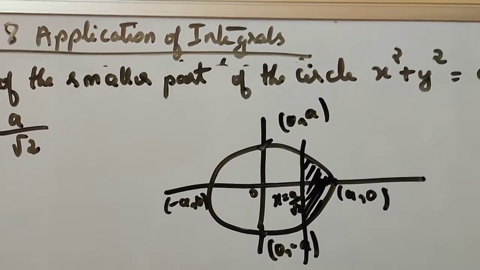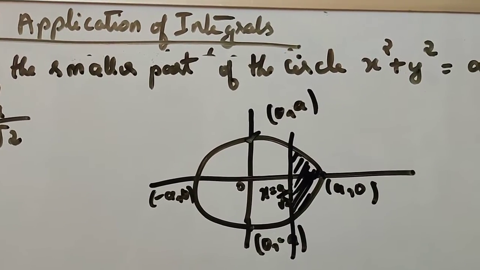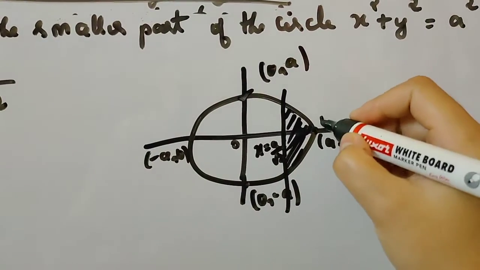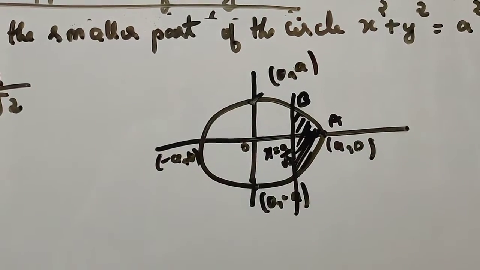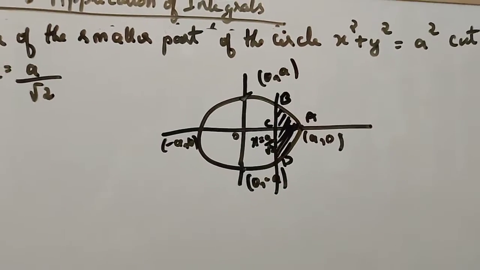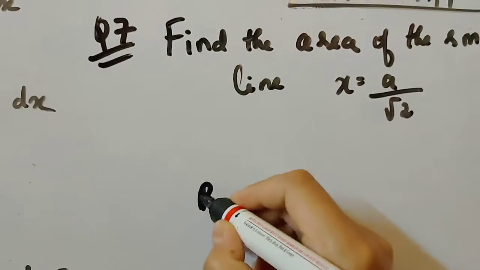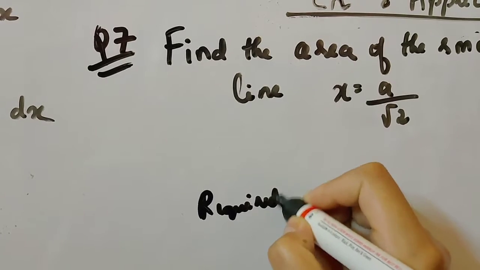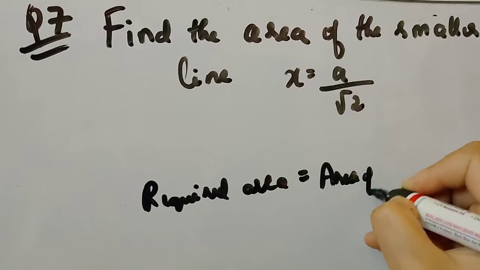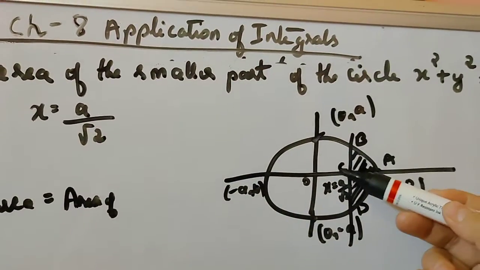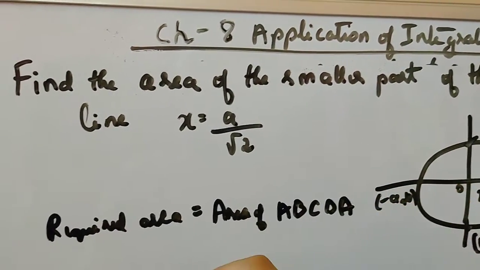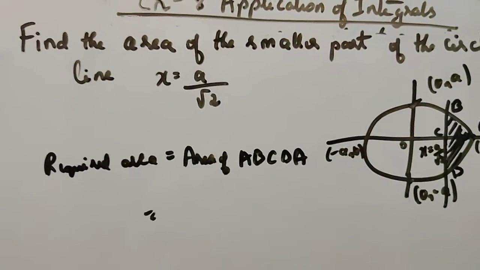Now we will write down the names of the area. Say this is my A, B, C, D. So the required area is equal to the area of A, B, C, D, A. Now this area can be further divided.